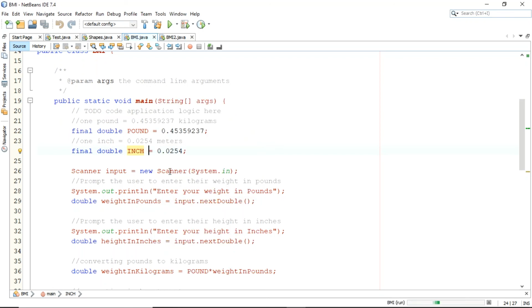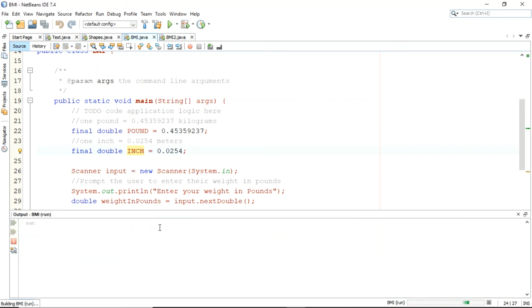So as you can see, the program prompts you to enter your weight in pounds, so I enter 90. Then it also prompts you to enter your height in inches. I'll enter my height as 60 inches. So what I get is that my BMI is 17.58, which qualifies me to be underweight. So that's how this program runs.